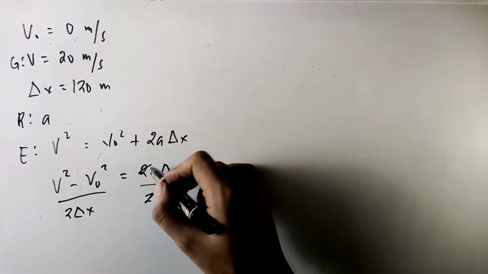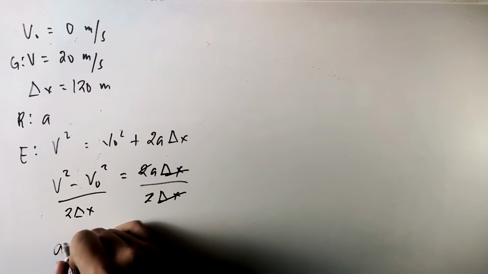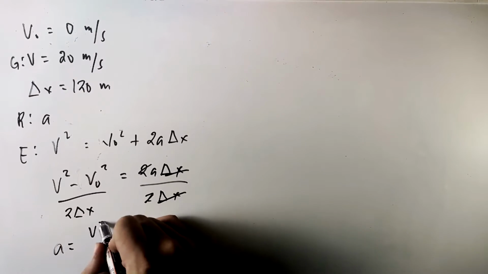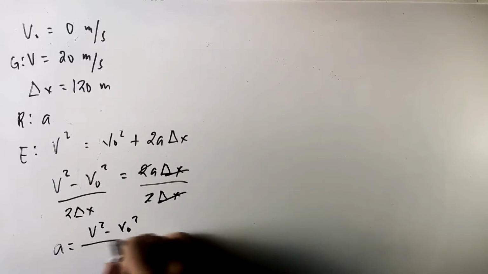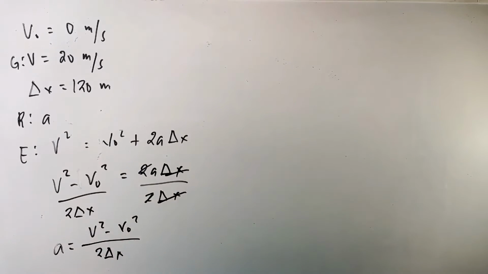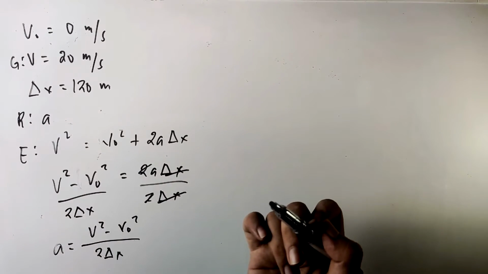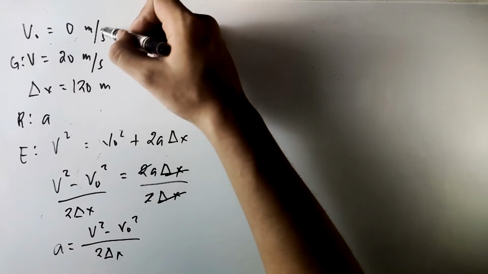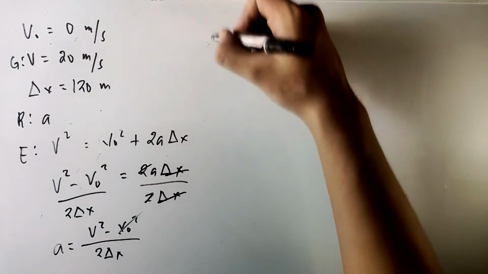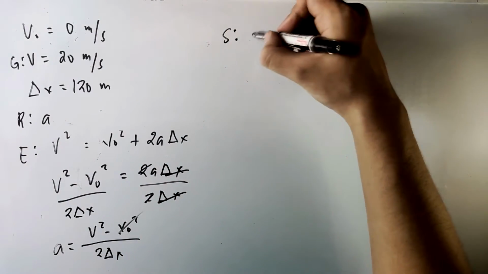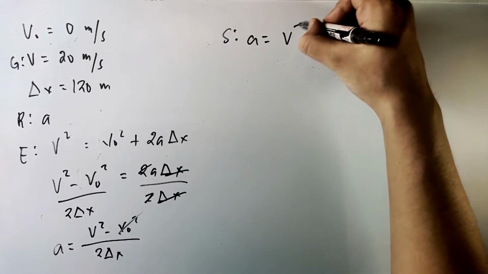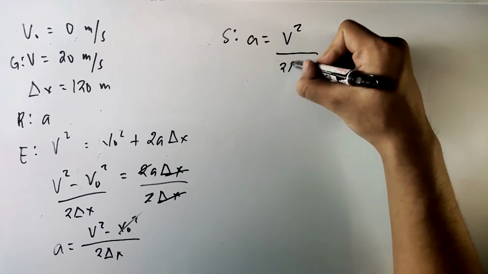variable here, or term. So that would become a is equal to v squared minus v sub 0 squared over 2 delta x. Actually, you can eliminate this one now, so you won't have very clunky solutions, because you're going to notice this is 0. So for the solution, we have a is equal to v squared divided by 2 delta x.